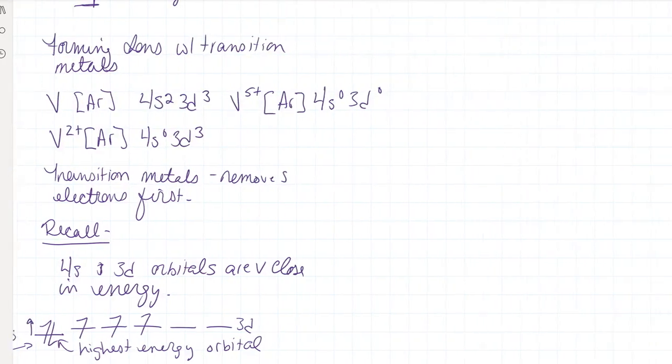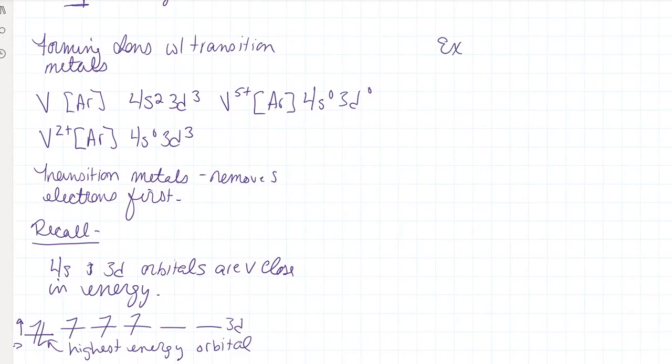For example, when we take a look at chromium, chromium's electron configuration, since it falls in the one spot next to vanadium, we'll see chromium has a 4s1 3d5 configuration. And because of this separate pairing and how the d electrons fill up, we're going to observe that chromium can form a whole bunch of different charges with these different electron configurations.